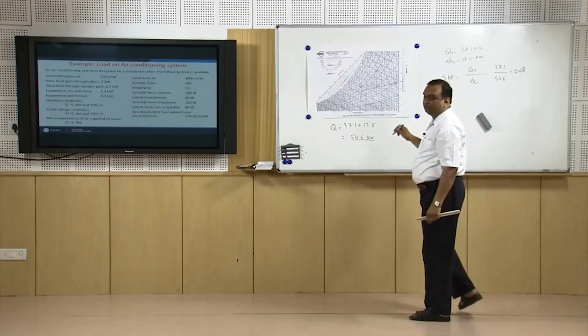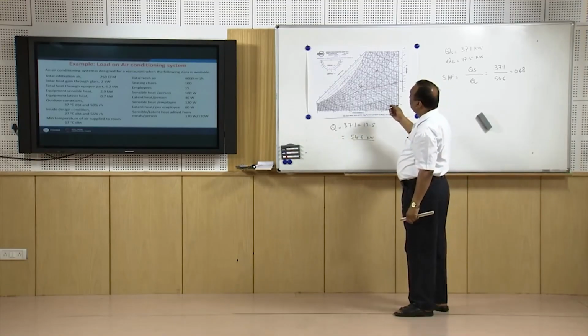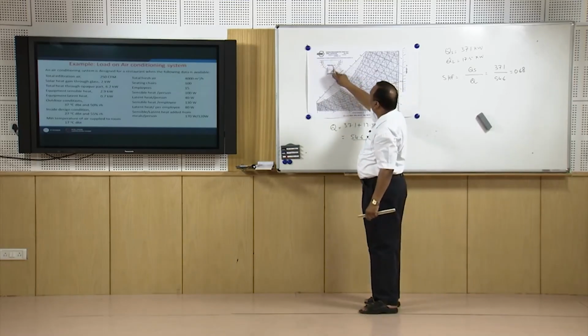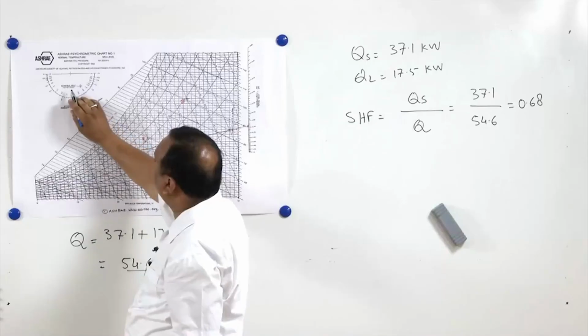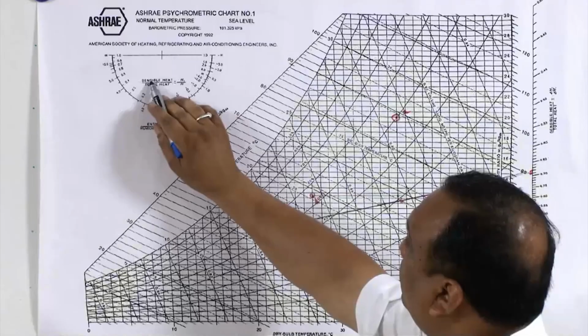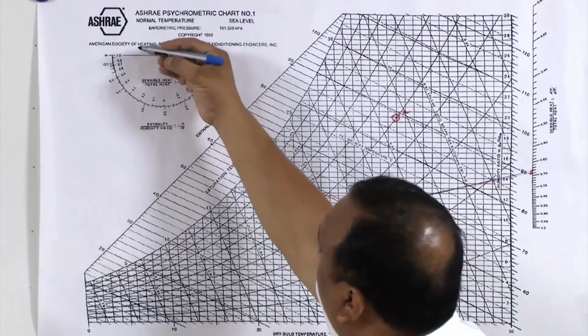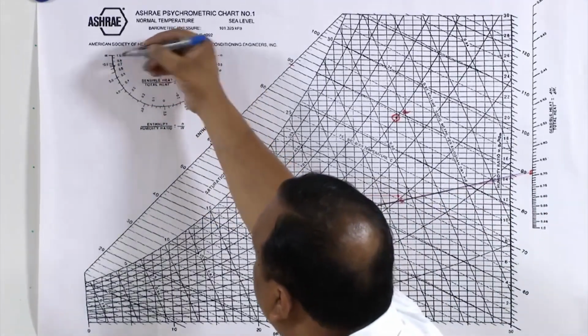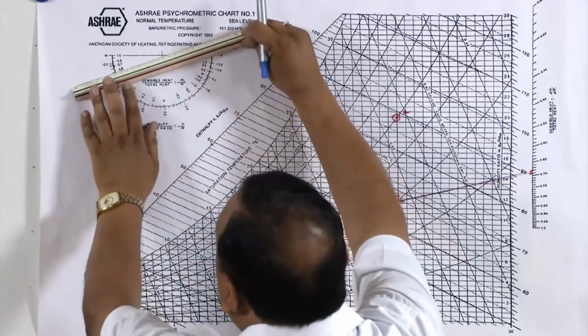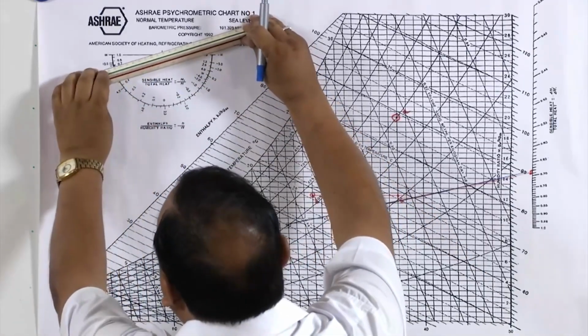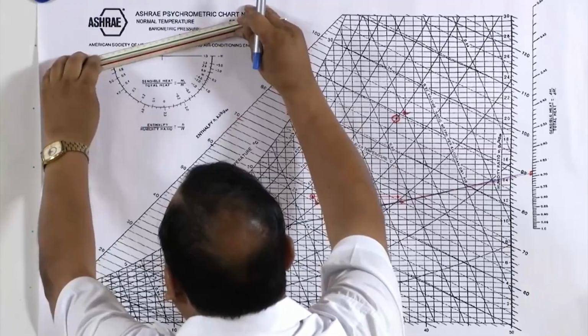There is another way also of drawing this line. There is a half circle here. The inside marks of the half circle show the ratio of sensible heat to total heat, that is the sensible heat factor. So here also I can locate 0.68, that is going to be like this.